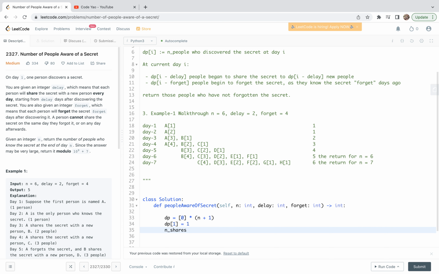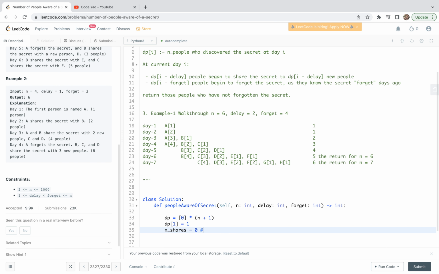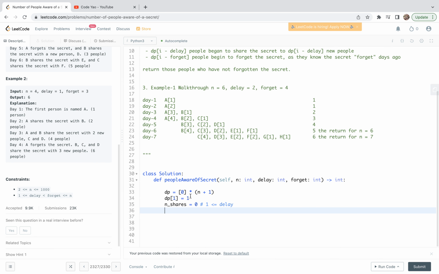With that said, I think we also want to initialize another variable, n shares. It means how many people at the current day can share the secret. Initially we should set this to 0 due to the assumption that delay is greater than or equal to 1, right? Because we need to wait at least 1 day so that we can share a secret.